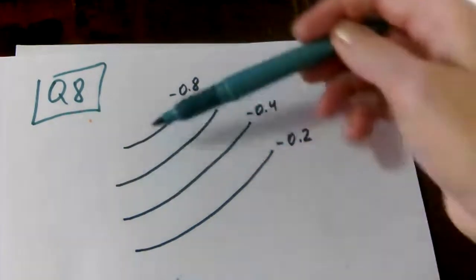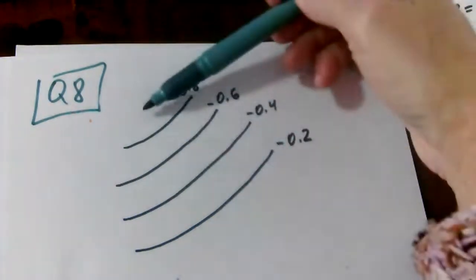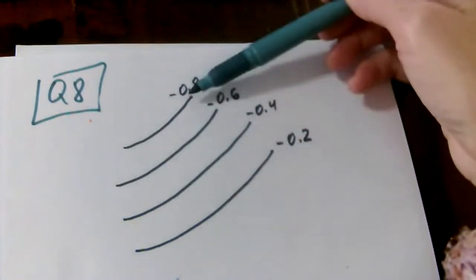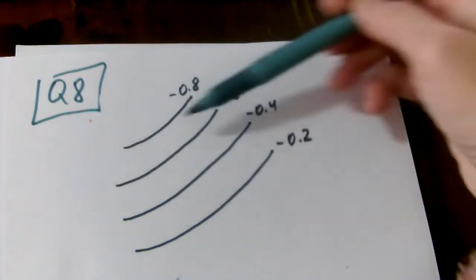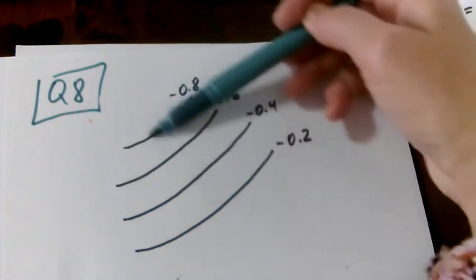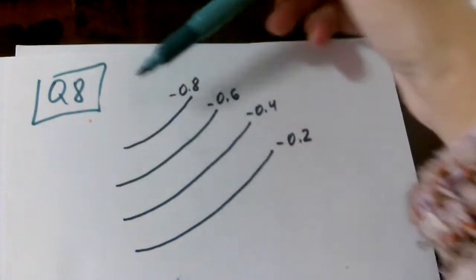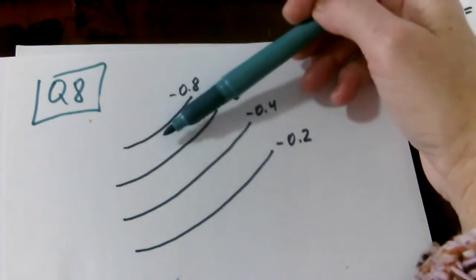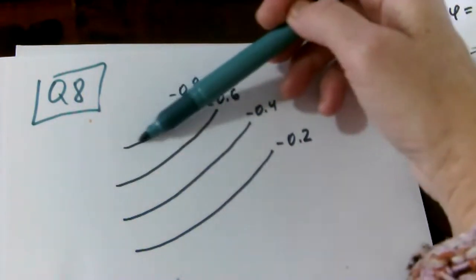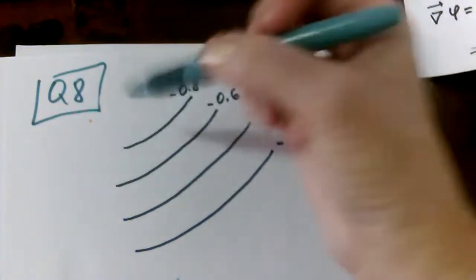Immediately you can see that if you move from left to the right, you will get an increase of phi. That's why our gradients should point this way, and not this way, of course. And the second consideration is that they should be plotted roughly perpendicular, roughly orthogonal to these curves.